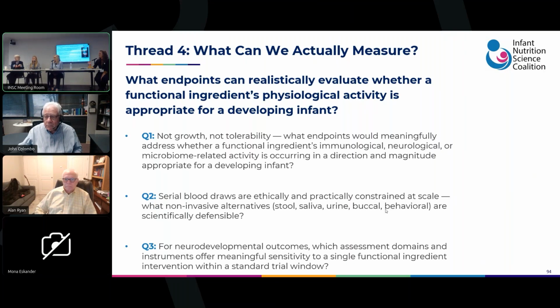But assuming we get over the current status of dietary guidelines, it is something to consider for the future, because the kind of questions we're asking of what can you measure to be predictive will be looked at very carefully if the dietary guidelines for Americans are going to have a very robust set of recommendations for infants and toddlers.